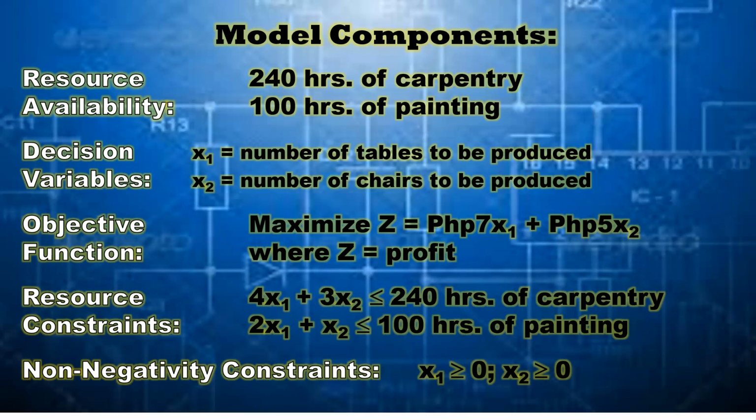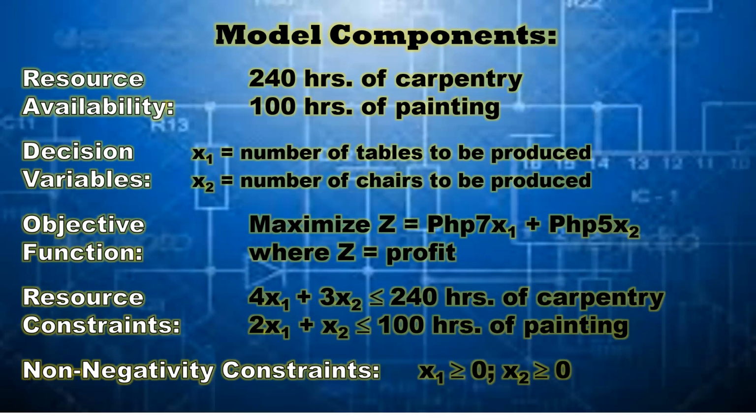Remember that in the table, every one table requires 4 hours of carpentry, and 1 unit of chair requires 3 hours of carpentry. So that's why we have 4x sub 1 plus 3x sub 2 is less than or equal to 240.